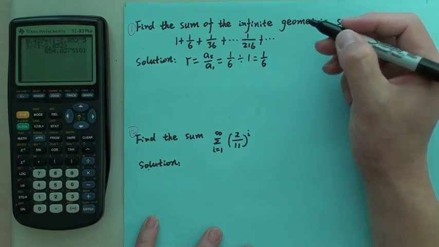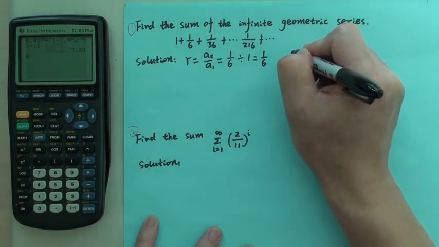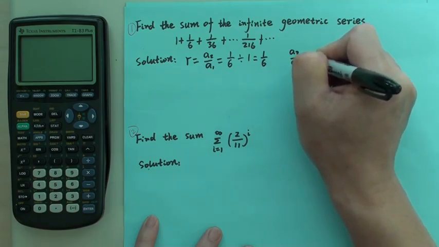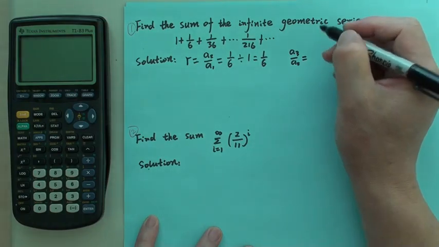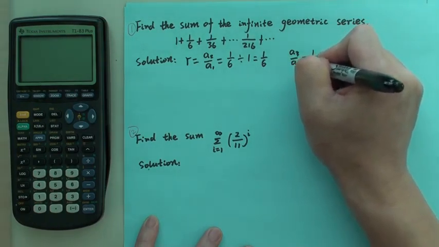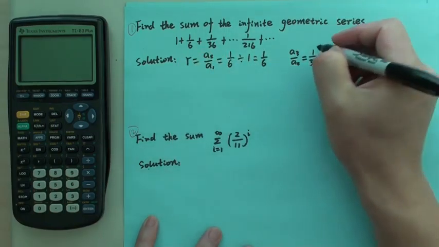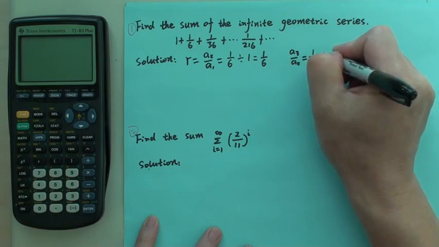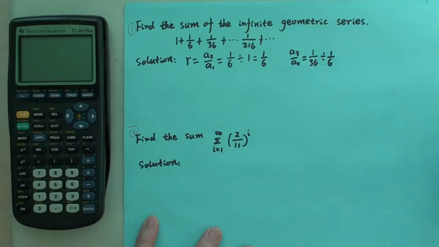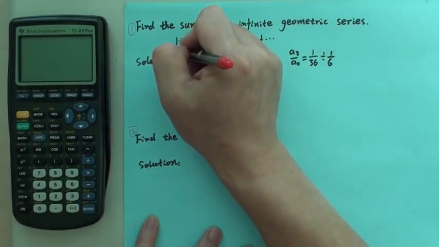How about A3 divided by A2? You may get scared, probably. A3 is 1 over 36, divided by A2, which is 1 over 6.